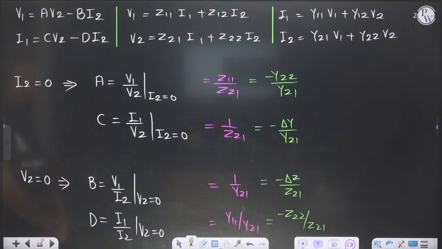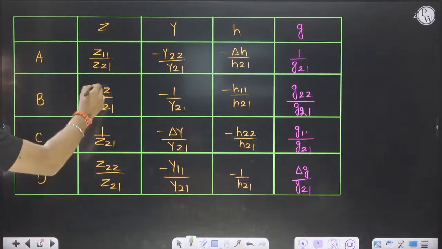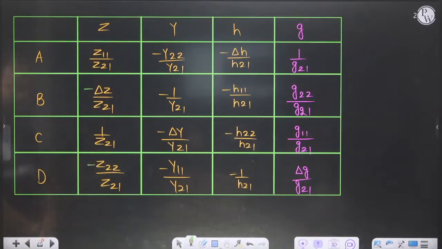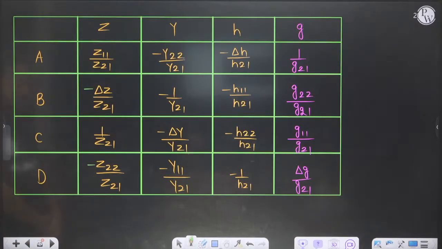Then we have y parameters, minus delta Z and minus delta Y. Then y parameter in terms of our A, B, C, D will be minus Y22, 1, minus delta Y, and Y11.